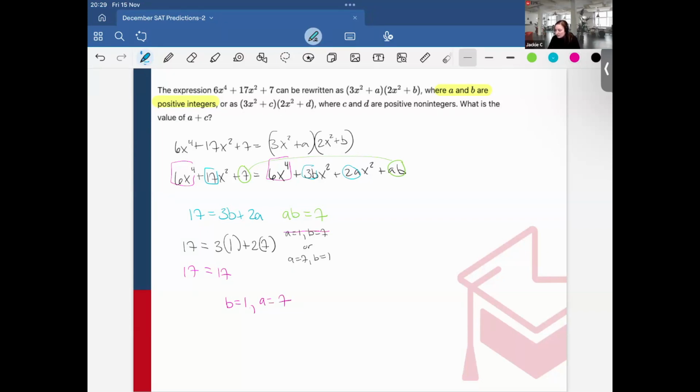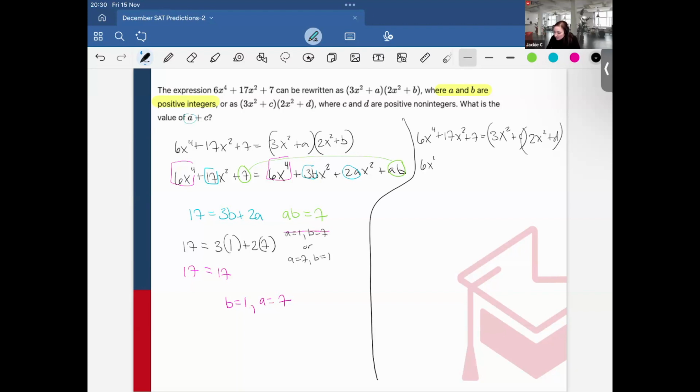All right, so I have the value of a, but now I need to get c. More complicated. So here, again, we have this is equal to 6x to the fourth plus 17x squared plus 7, and this is equal to 3x squared plus c, and 2x squared plus d.